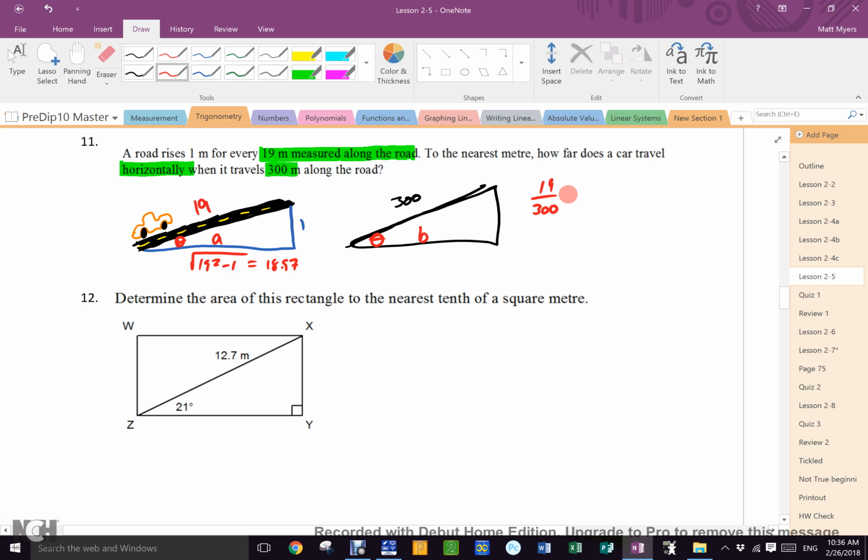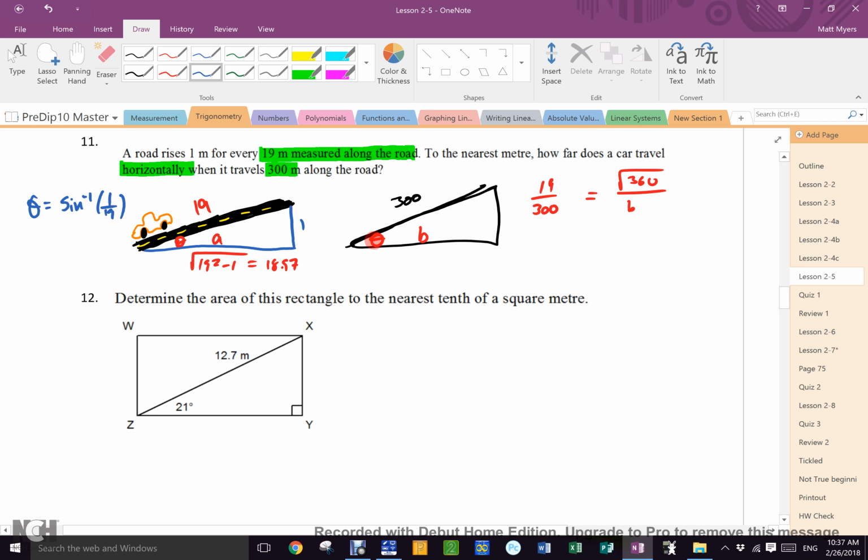If you're going to do this method, 19 compares to 300, and the square root of 360 compares to what here? B. And then you do the math, if you're going to use similar triangles. What's the other method? You can find what theta is. Theta equals shift sine of 1 over 19, correct?